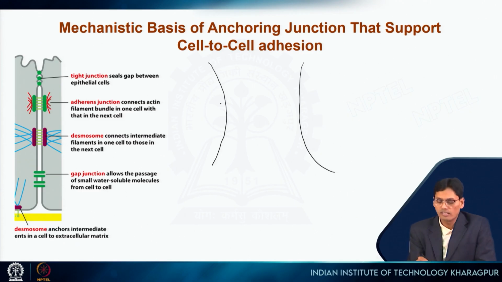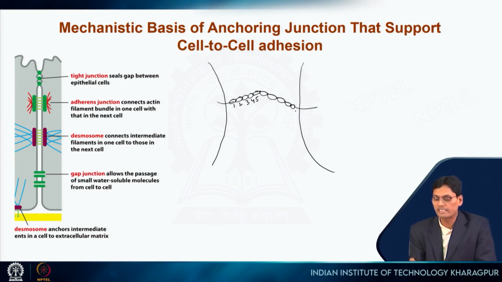So, now what happened, cadherins, particularly classical cadherin, they look like this. They have 5 extracellular domain, as you can see here, 1, 2, 3, 4, 5. So, 5 extracellular domains present in cadherin. So, this is classical cadherin.